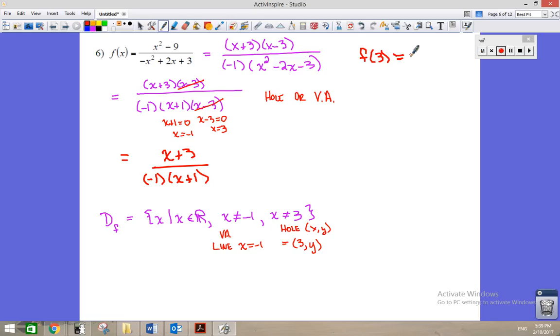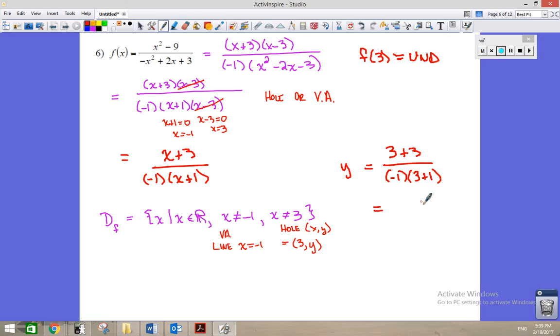It was thrown out of the domain because it caused division by 0. But this new function has been reduced where it doesn't have x minus 3 in the denominator. So if we let x equal 3 in this reduced function, in the numerator we'll have 3 plus 3, and in the denominator we'll have negative 1 times 3 plus 1.